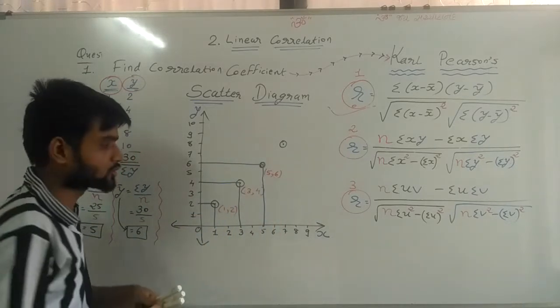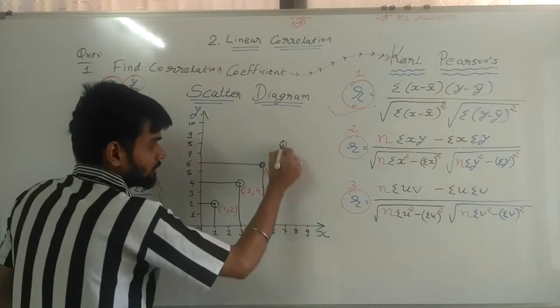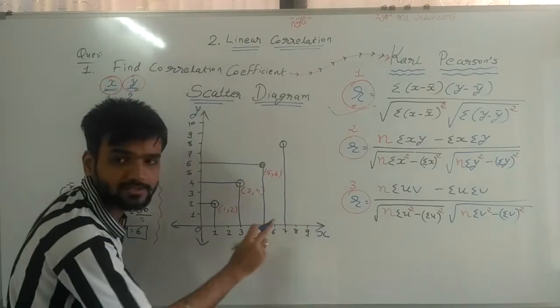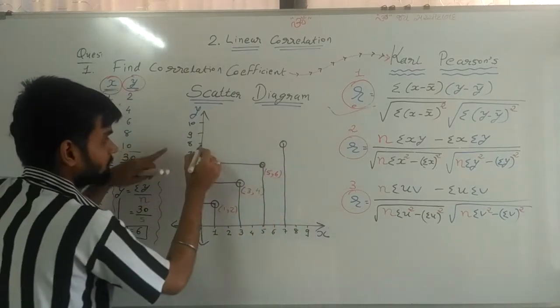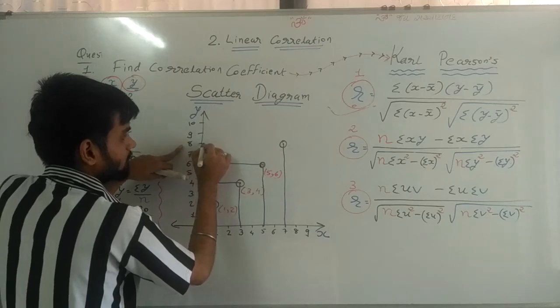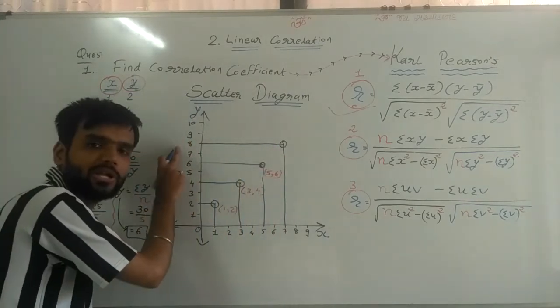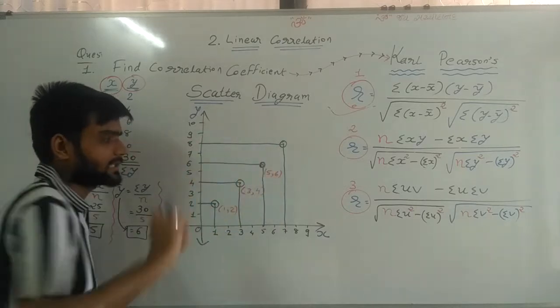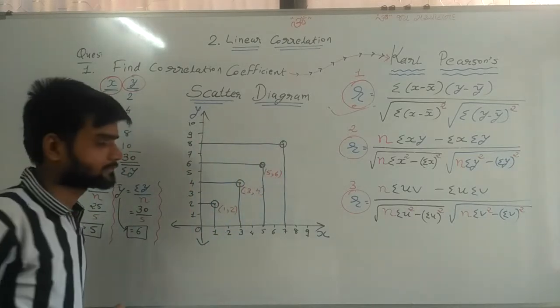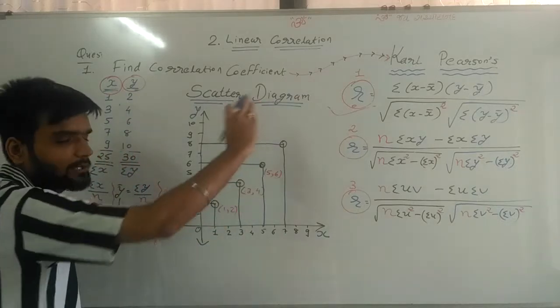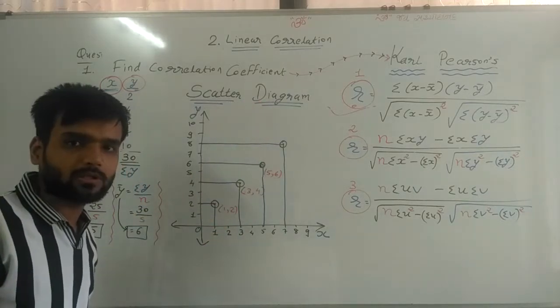Now we can see here also, on the x-axis 7 and on the y-axis 8, one point is there. And the last point. 4 points are plotted on the graph paper.